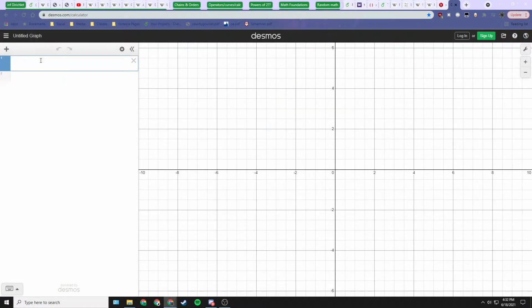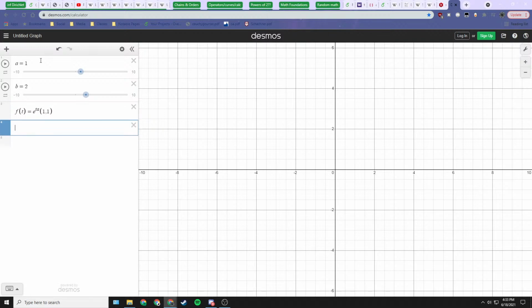We can say a equals 1, and then b equals 2, and then f of t, I don't know how to use Desmos, will be e to the t times (a plus bi), which is e to the power of ta times... actually maybe we can just do this.